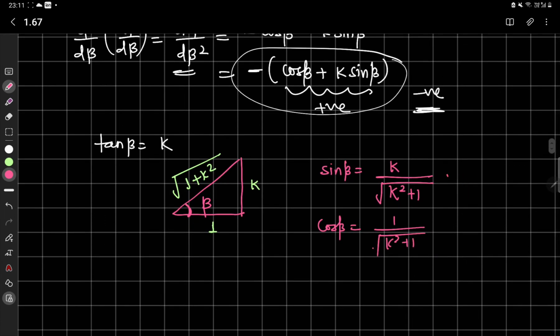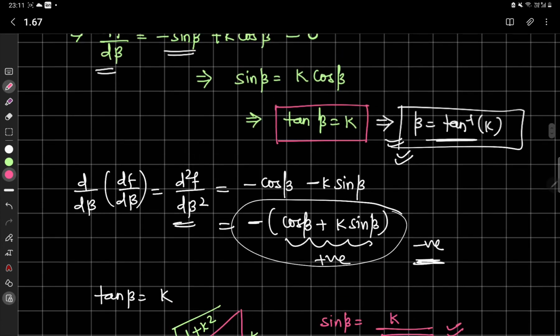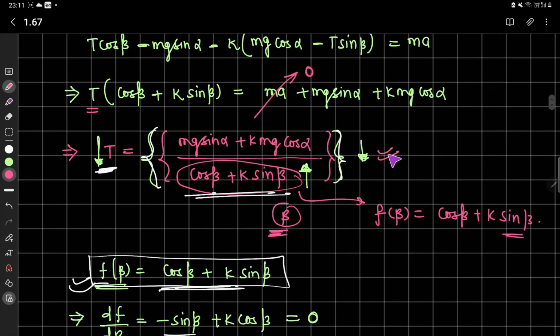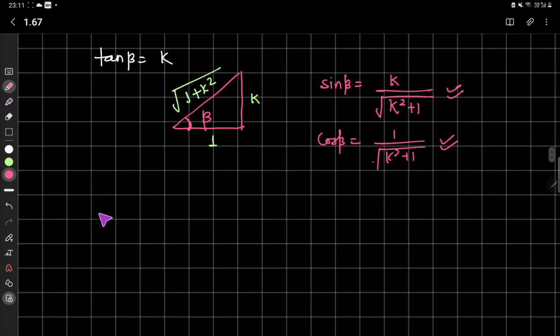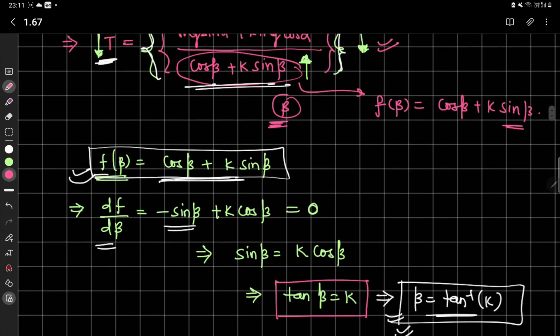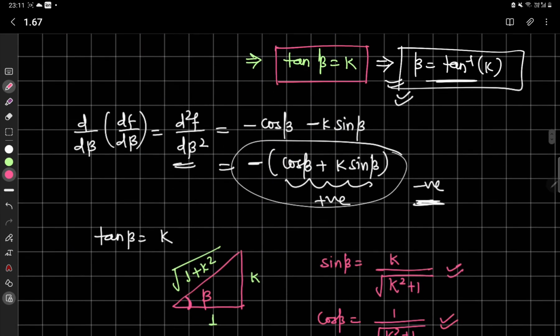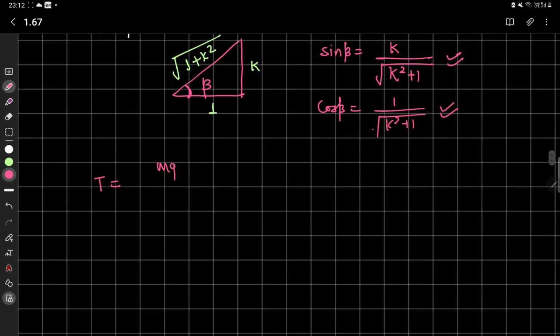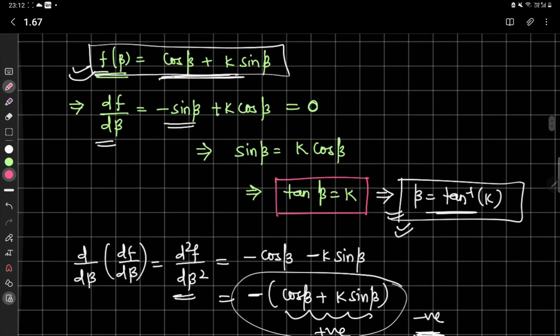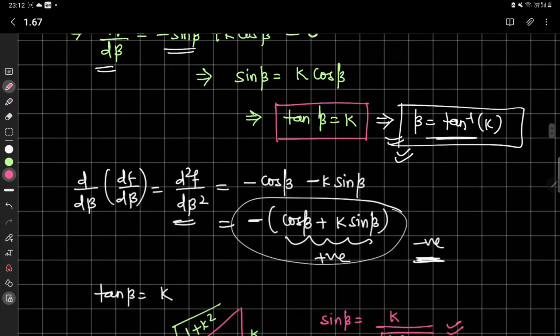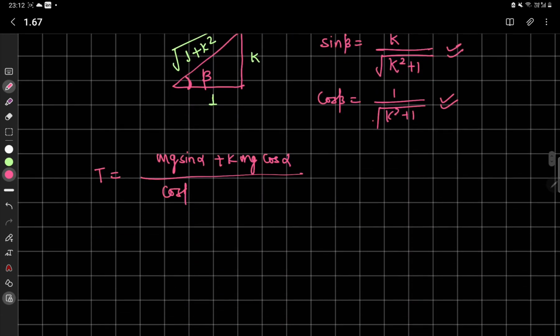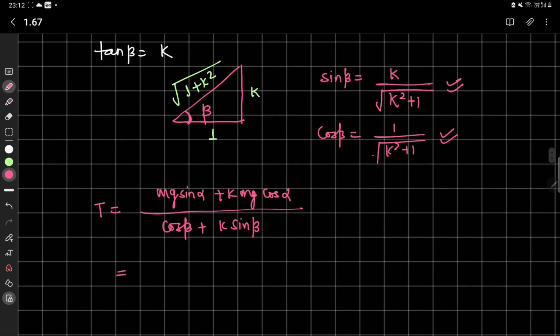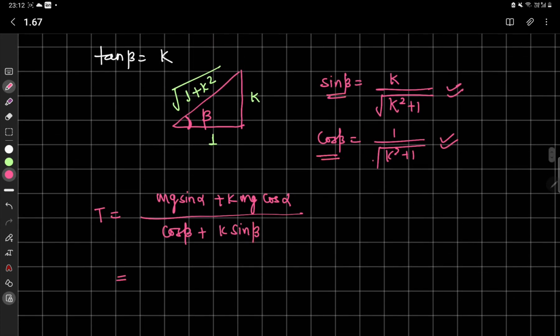Let us substitute the value of sine beta and cos beta in the expression of this tension force. So we can write tension force is equal to mg sin alpha plus k times mg cos alpha, whole divided by cos beta plus k times sin beta. Let us substitute the value of sin beta and cos beta here.